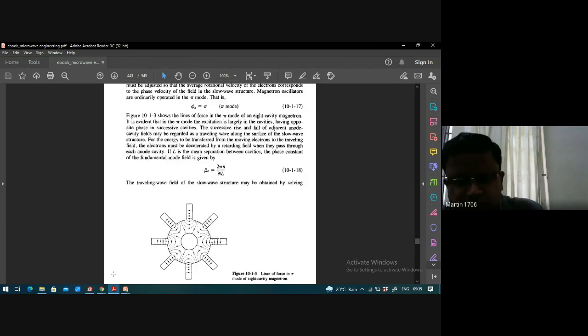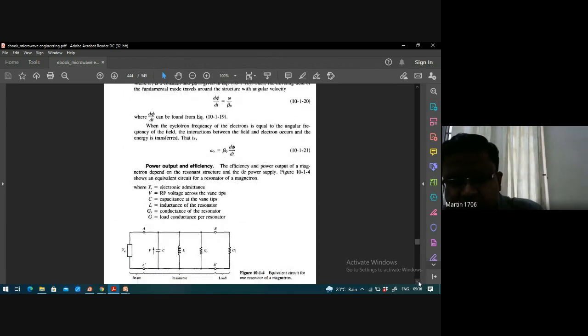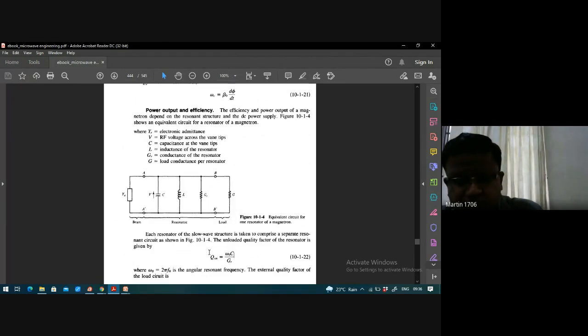This is the specification detail of your device: the output power and the efficiency. You can see the equivalent lumped circuit. It contains the capacitance, inductance, and resistance, as one lumped unit equivalent to the device for your structure.